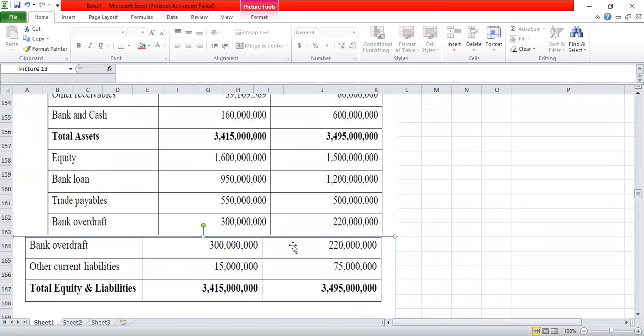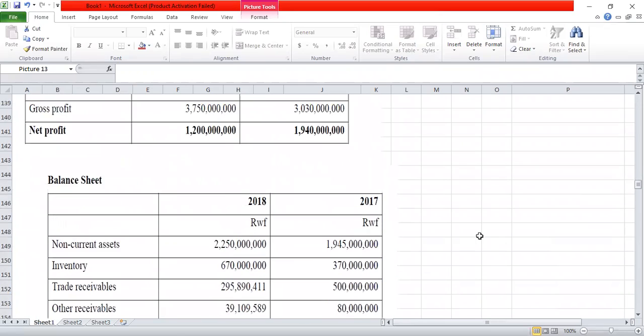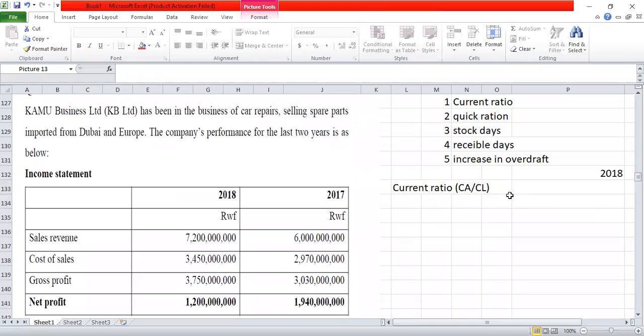Automatically, this indicator shows there is overtrading. If you check your overdraft here, it has increased almost by 50%. You can also check your payables. You can calculate these ratios, though you may take time to calculate them.